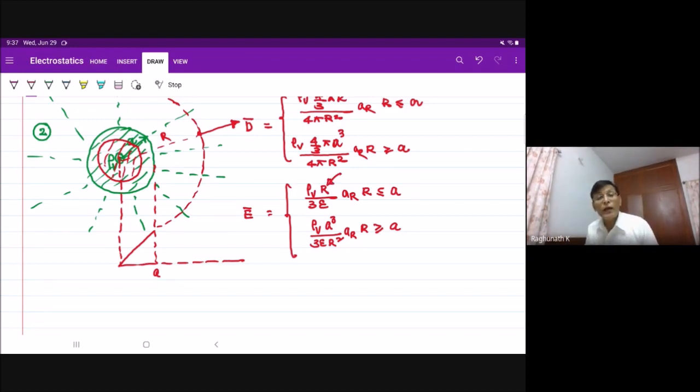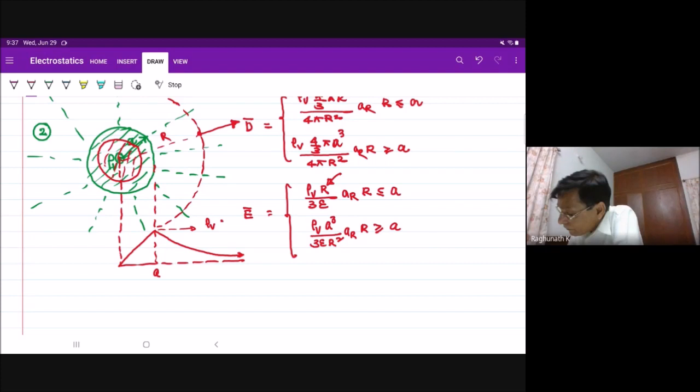Later on, by r squared, it is non-linearly decreasing, right? What is this maximum value? Rho v a by 3 epsilon.